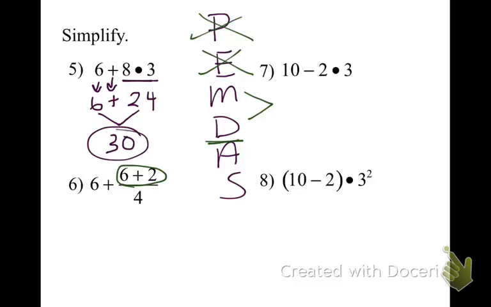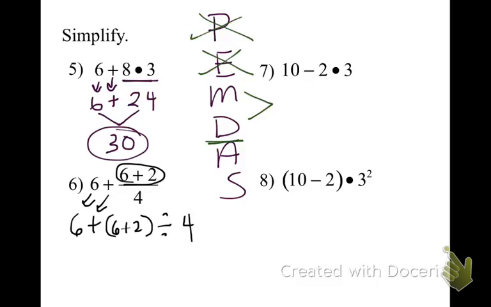Well, what you need to do is rewrite it. How do you rewrite it? Watch and see. We would change this to 6 plus, those don't change, but we can rewrite this as parentheses 6 plus 2, divided by 4. We can rewrite it.